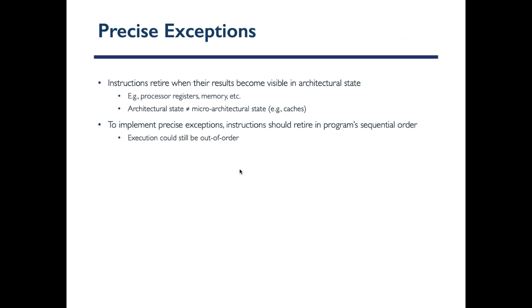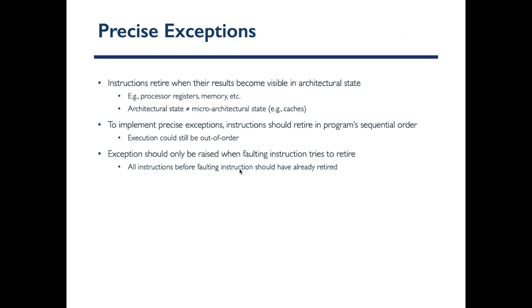I execute my instructions out of order, and I keep the result in some buffer, let's say, and I don't propagate it to the architectural state until it's time for this instruction to retire, given the program's sequential order. If I do this, then I can implement exceptions precisely.